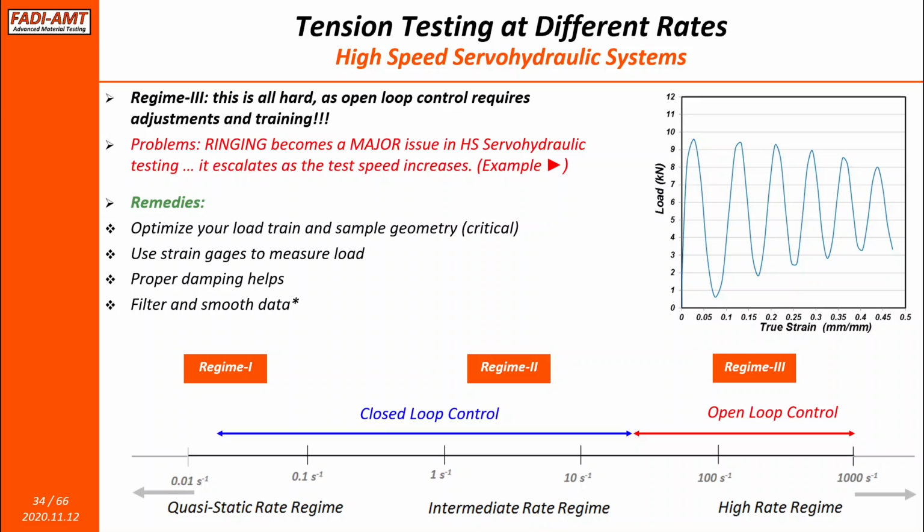You have to spend a lot of time with your system to get to the best case scenario for that particular geometry that you're trying to test or that material that you're trying to test. Once you've done all that optimization, of course, you're not going to eliminate all the ringing in your system because, as I mentioned earlier, all you're doing is just pushing the natural frequency of the system higher. You're not eliminating anything.